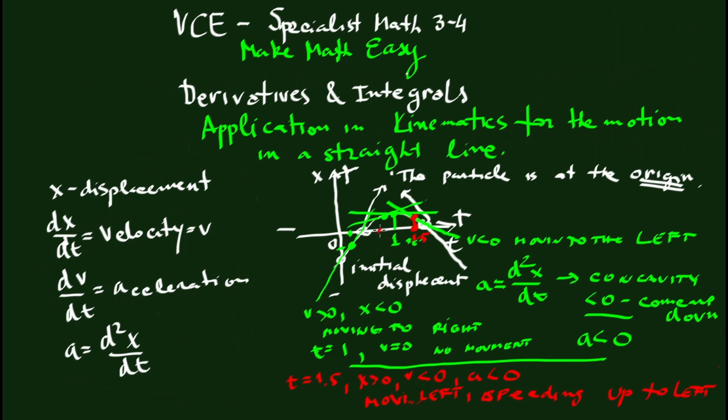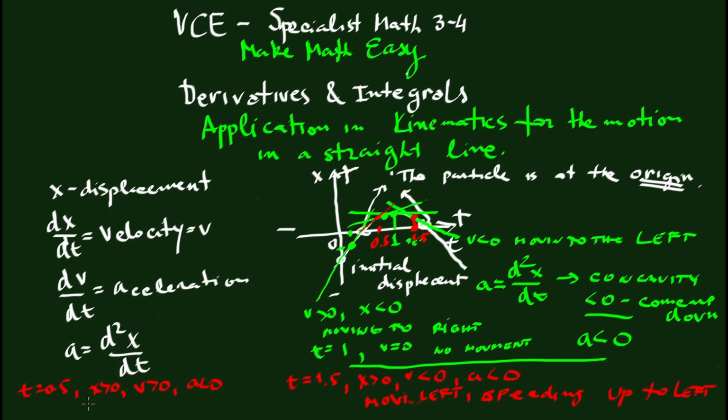Let's mark a point here. That will be 0.5 seconds, and at that point we have obviously that the tangent is positive. So at t equals 0.5, x is greater than 0, v is greater than 0, and the acceleration is obviously, with concavity down, less than 0.